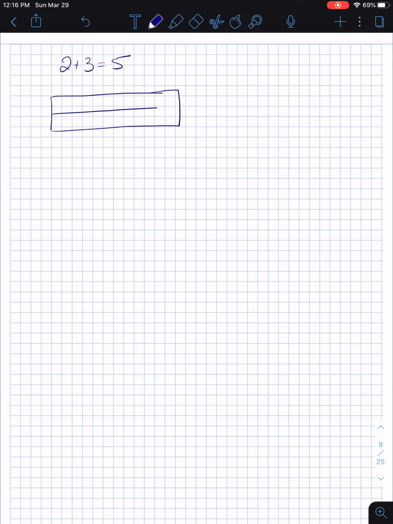So if we go back to the strip diagram, 2 plus 3 equals 5, or maybe some of you have seen the number bonds, and I use it as a fact family triangle, we can say from this, making sense of the strip diagram, that 2 plus 3 is 5, but we also know that 3 plus 2 is 5.